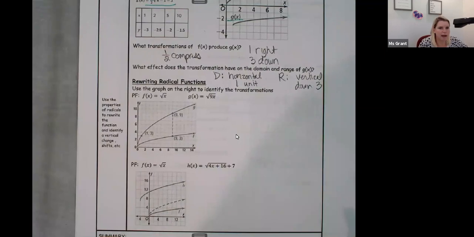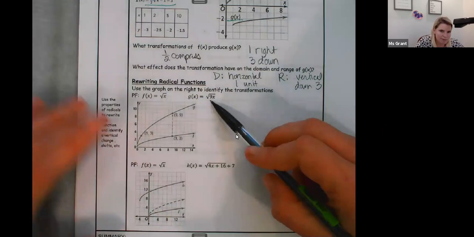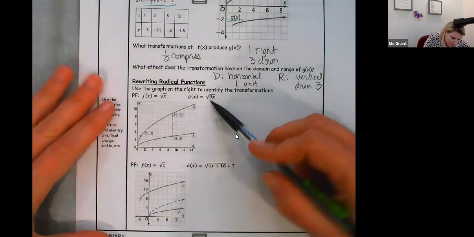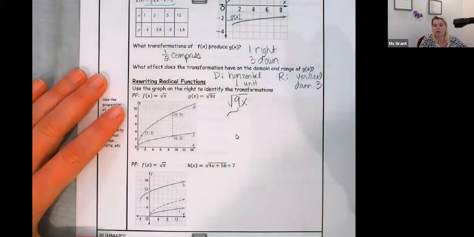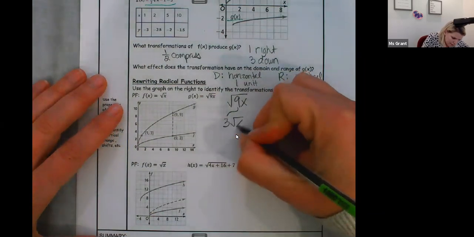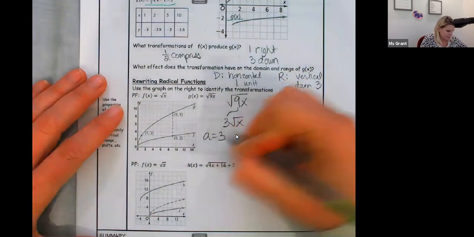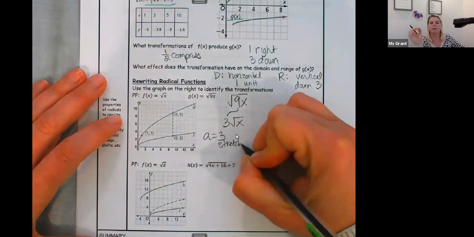Use the properties of radicals to rewrite the function and identify the vertical change or shifts. Rewriting. See how 9 is a perfect square? Yeah. Square root of 9x, guys. What happens to the 9? Right? 3 radical x. My a is now 3. That's a stretch. So it's a perfect square for a reason.